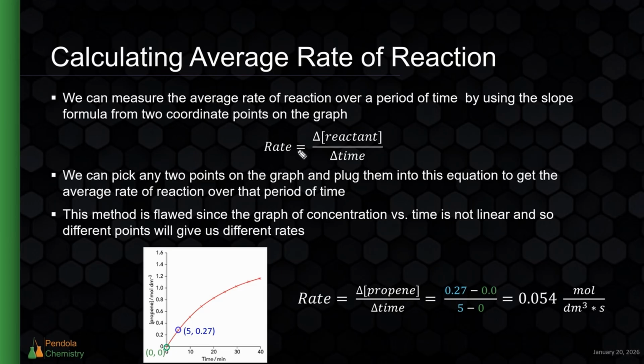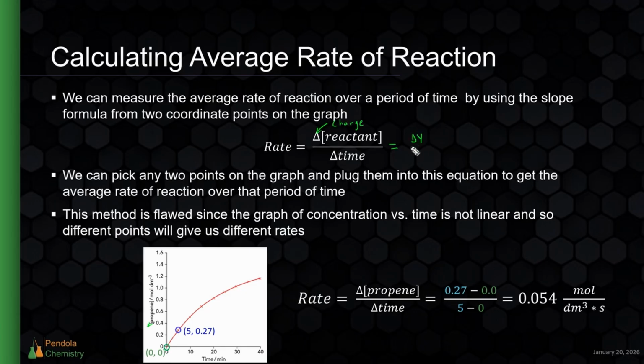Here, rate is equal to delta reactant concentration over delta time. Remember, delta in chemistry means change. So the change in reactant concentration over the change in time. Because the y-axis is the reactant concentration, or actually the product concentration here, but we can use either a reactant or product, that's going to be y.